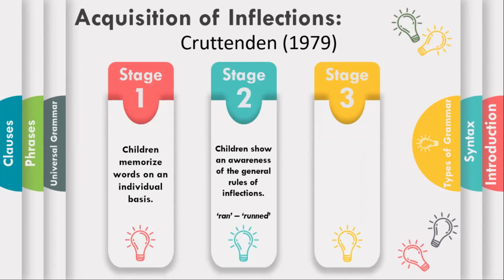They observe that past tense forms usually end in -ed. So instead of "ran," they say "runned," run plus -ed. This kind of error is known as overgeneralization. In the third stage, correct inflections are used by the children.